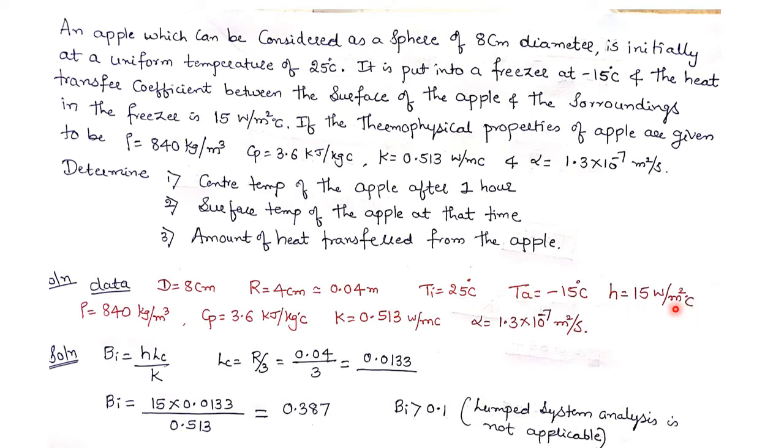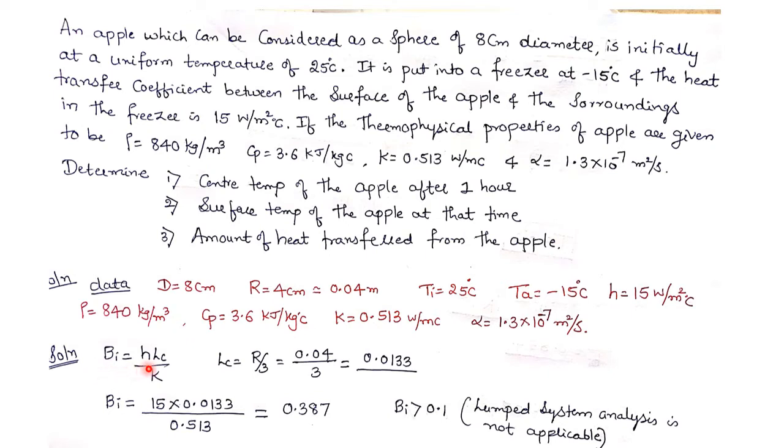Density is 840 kg per meter cube, specific heat Cp is 3.6 kilojoules per kg degree centigrade, thermal conductivity K is 0.513 watt per meter degree centigrade, and thermal diffusivity alpha is 1.3 into 10 to the power minus 7 meter square per second. So now as usual we will calculate the Biot number.